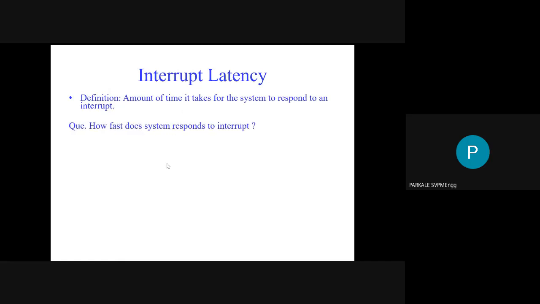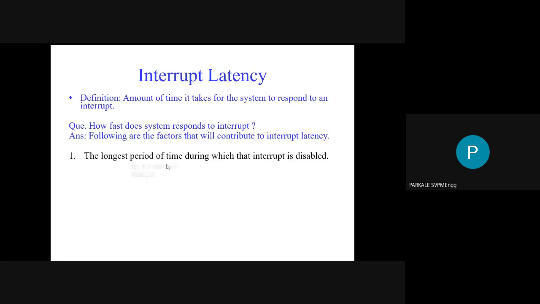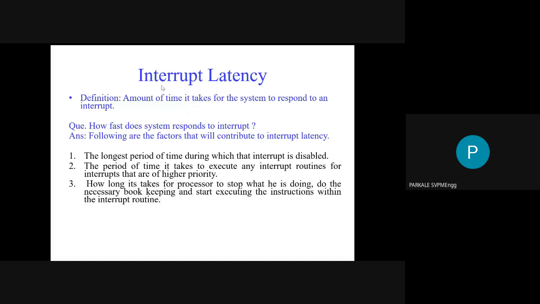that is called the interrupt latency. Already I have told what is interrupt latency or what is interrupt. Latency means actually the response. So how much time is required for the interrupt to respond? If some interrupt comes to your microprocessor, how much time is required to respond to that particular interrupt?